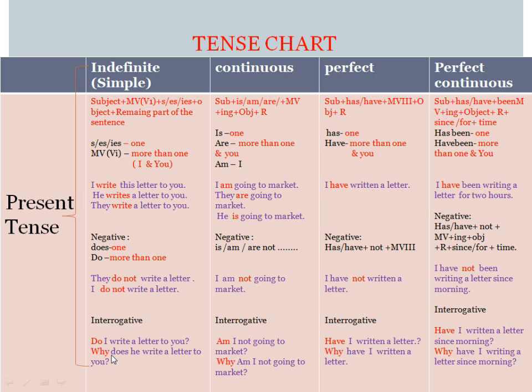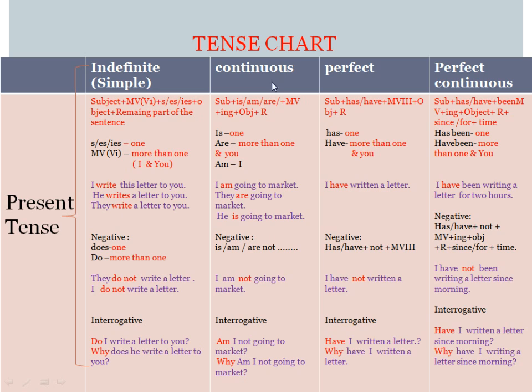So we use the question word before the helping verb. Here we use does because he is singular. So we use does as a helping verb and use why as the question word before the helping verb. So now it's clear how to identify which kind of sentence it is.